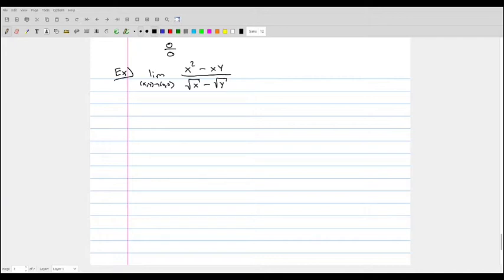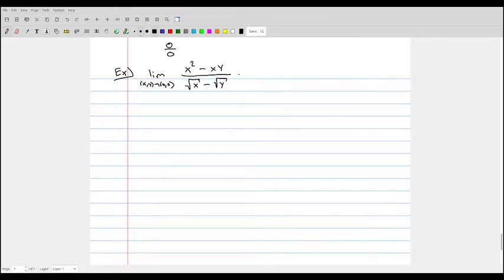It's, in some sense, very similar to the concept of a removable singularity from Calculus 1. So you can use algebra to simplify this. And the way that we do that is by cleverly getting rid of these square roots in the denominator, and noticing that this factors nicely.